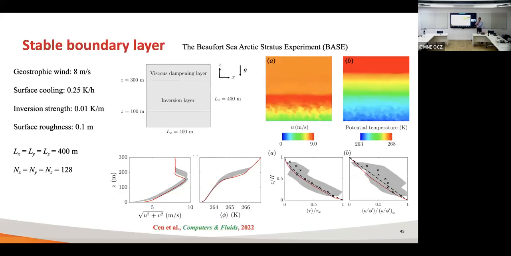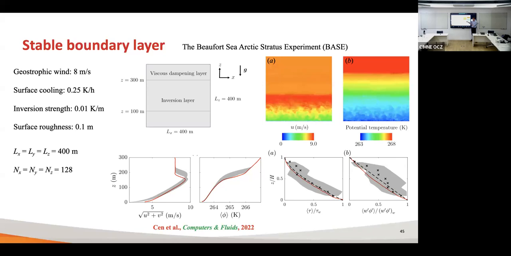Now, this is an interesting case. We did the comparison with a field test experiment called BASE, okay? Here, the problem is to capture the formation of these low-level jets over the top of your boundary layer. In this case, we're using the wall model with WIG-BC with the wall roughness.